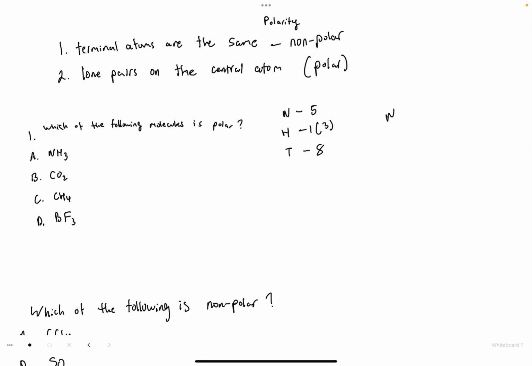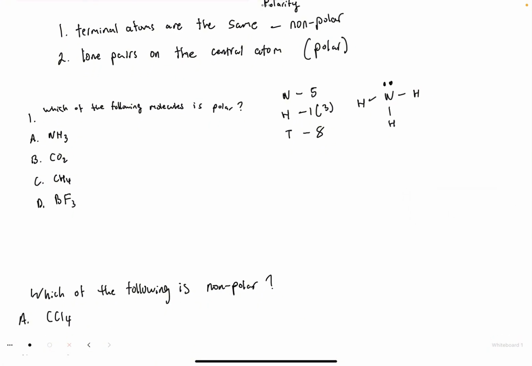Nitrogen would be the central atom. Hydrogen, again, as we've talked about, is only going to have 1 bond. Notice that there's only 6 valence electrons on nitrogen, so we need to have 1 lone pair on the central atom. That would technically make it polar.